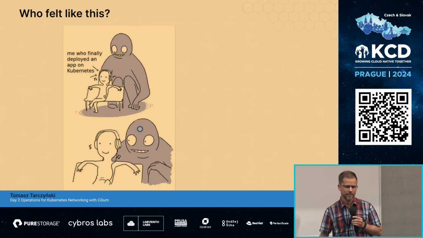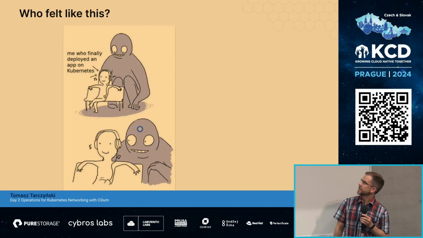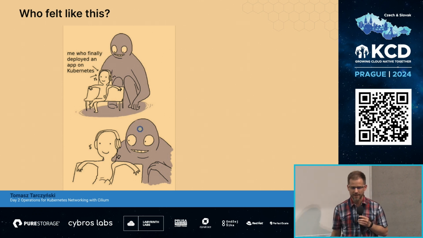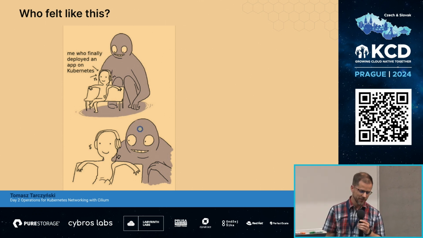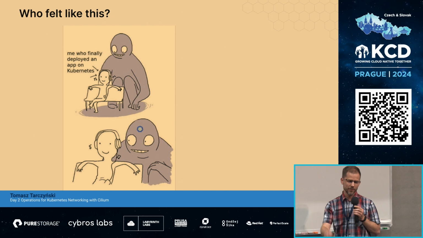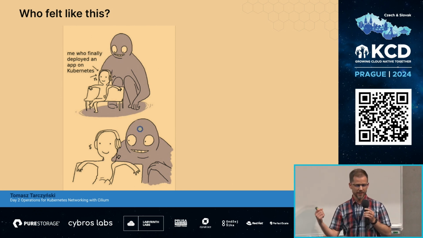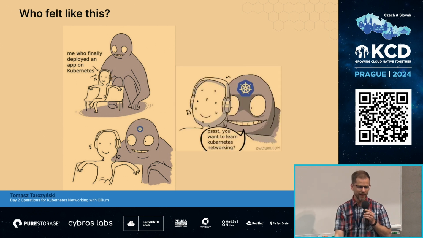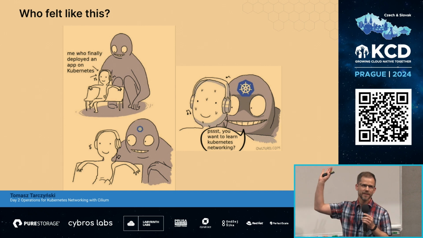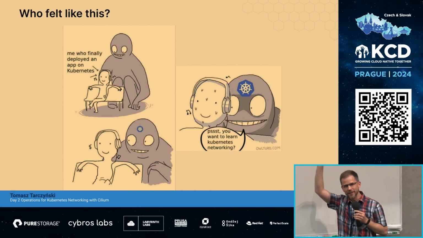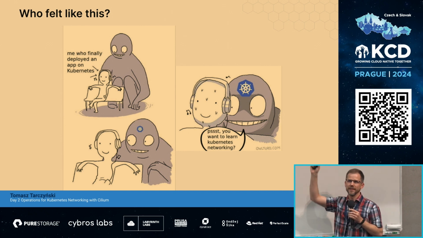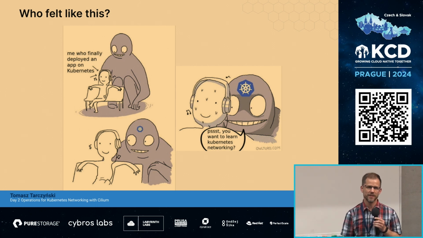Let's get started. So first, you might have an experience like that, working with Kubernetes, deploying stuff on Kubernetes, being happy that it all works, but then raise your hand if you ever felt like this. Trying to learn about Kubernetes networking, seeing how much complexity there is.